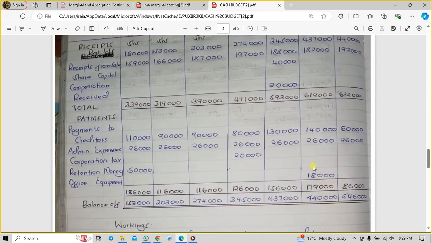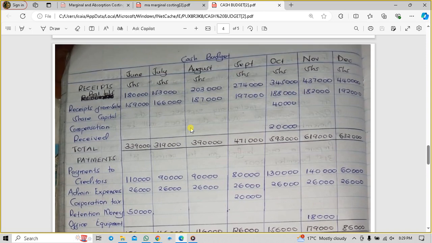Here there is need for a correction, but I think it's a writing error, because 140,000 plus 26,000 gives 179. So this one should be 13,000. I wrote 18 instead of 13. I think I was in a hurry. So here it's 13,000.